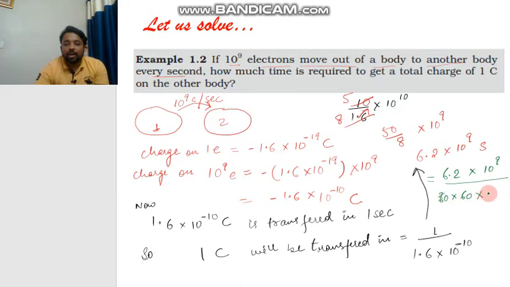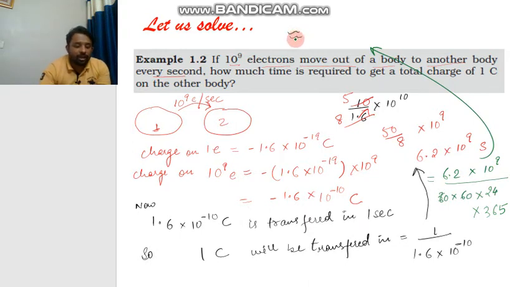Since one day consists of 24 hours, I'll divide here by 24, so now we have the value in days. Also, supposing that the number of days in a year is 365, the value which we get will be in years. If you solve it, the value will approximately come out to be 198 years.